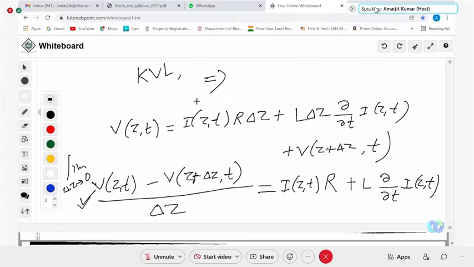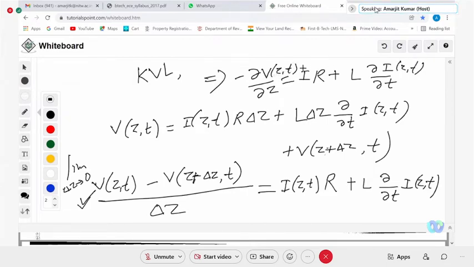Then minus del V upon del Z is equal to IR plus L del I by del T. Here you can write Z and T everywhere, so basically this is a function of Z and T both.